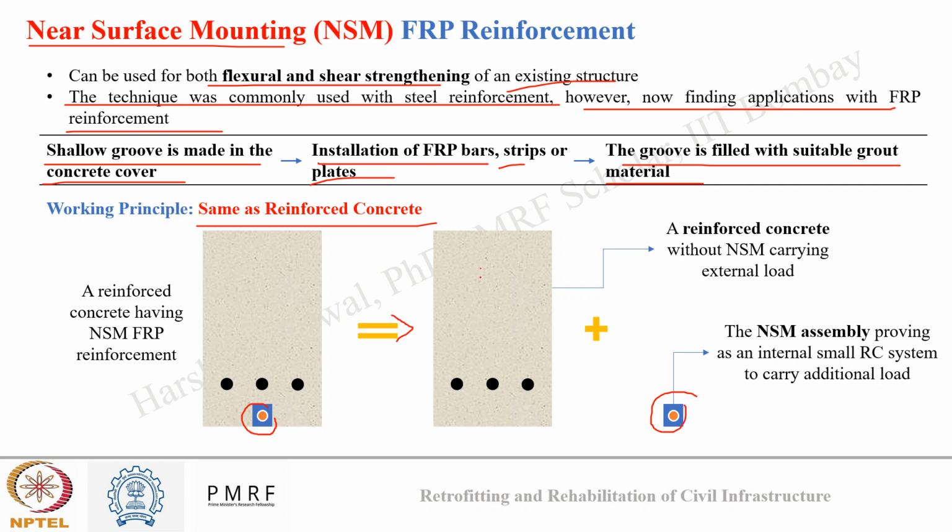The first part takes care of the original load that was acting on the structure, and the second additional part takes care of the additional load that is coming on the structure, or for which we need to strengthen the structure. So NSM helps us make the choice and addition of NSM for the required strengthening.